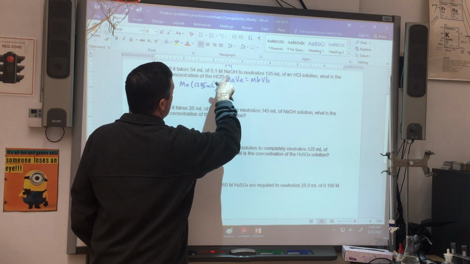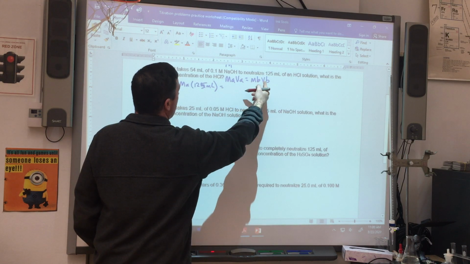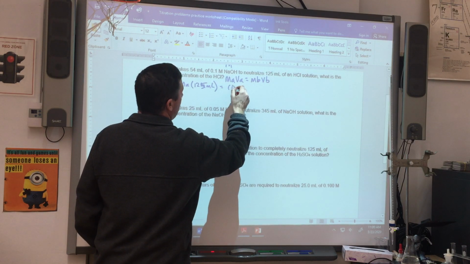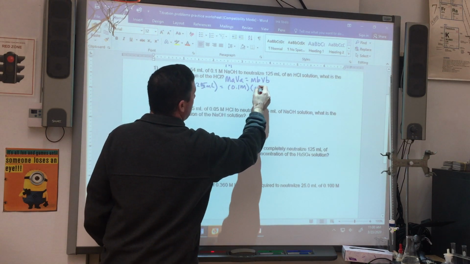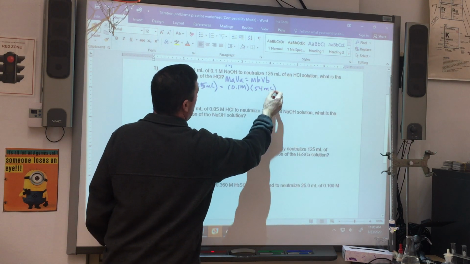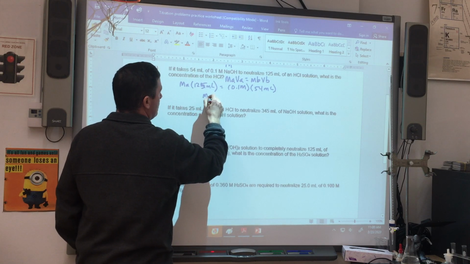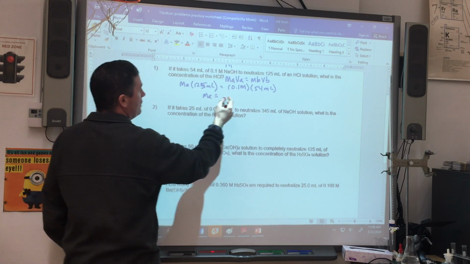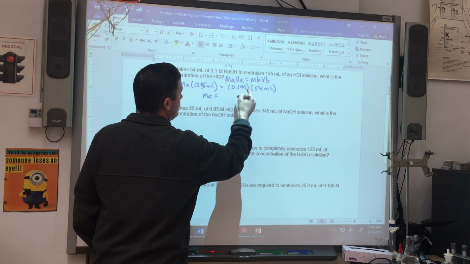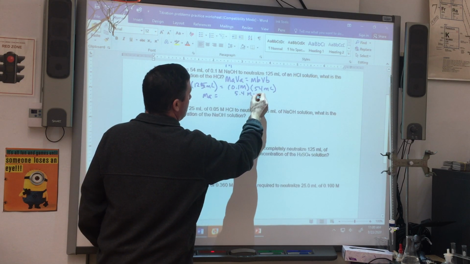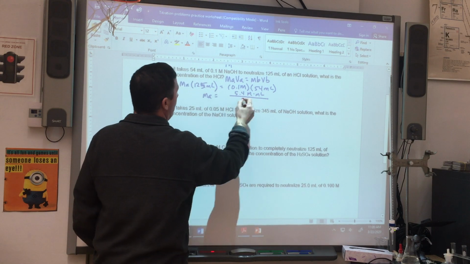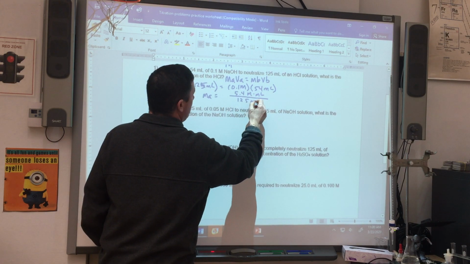It takes 54, so that's my volume, of 0.1. And 54 milliliters. Molarity of the acid is that times that, which is 5.4 moles times milliliters over 125 milliliters.